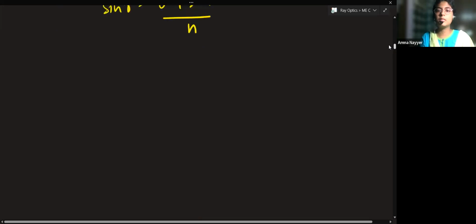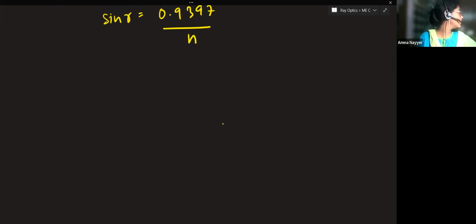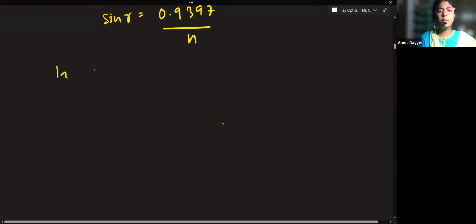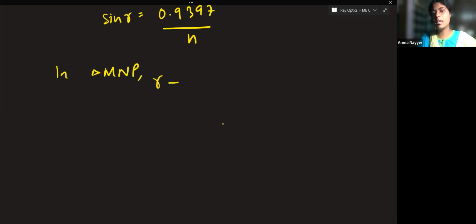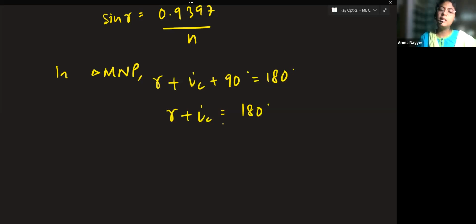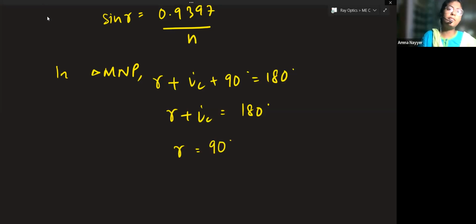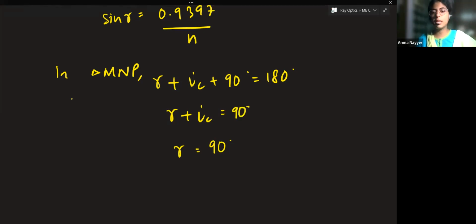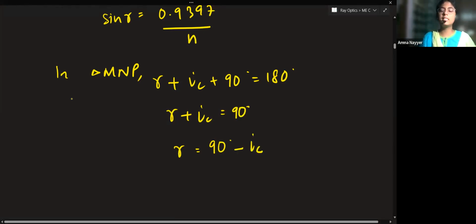If you use this triangle, what was the triangle that we chose? MNP, I think, yes. So refraction angle, critical angle plus 90 degrees is equal to 180 degrees. So angle of refraction plus critical angle is 90 degrees. From here, you can say angle of refraction is equal to 90 minus IC, right?